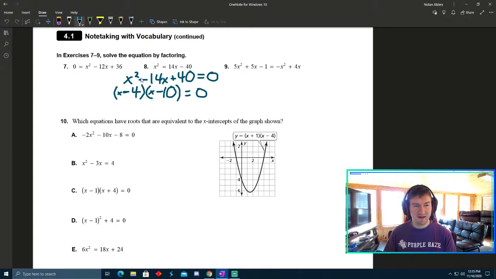So you just kind of have to play around with it. So 40 times 1 also equals 40. But we couldn't do a 40 and a 1 because negative 40 plus negative 1 would be negative 41, which is not negative 14. And 8 times 5 is kind of the same thing. 8 times 5 equals 40, but negative 8 plus negative 5 equals negative 13, not negative 14.